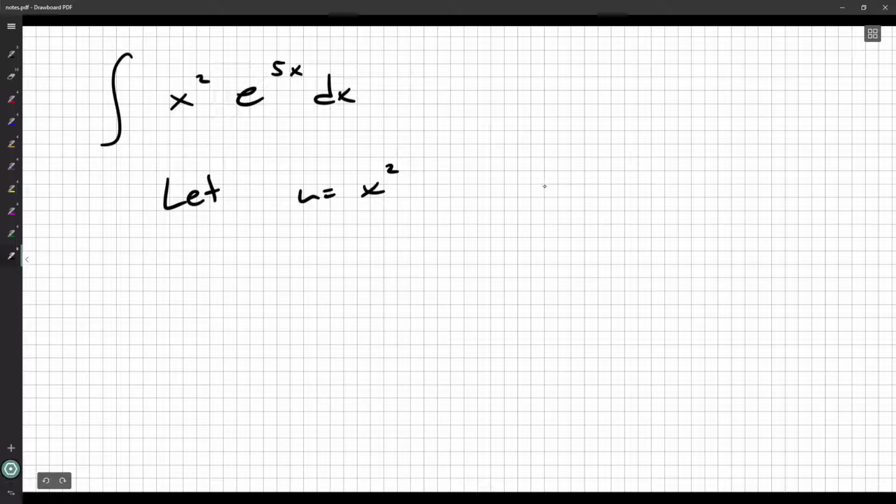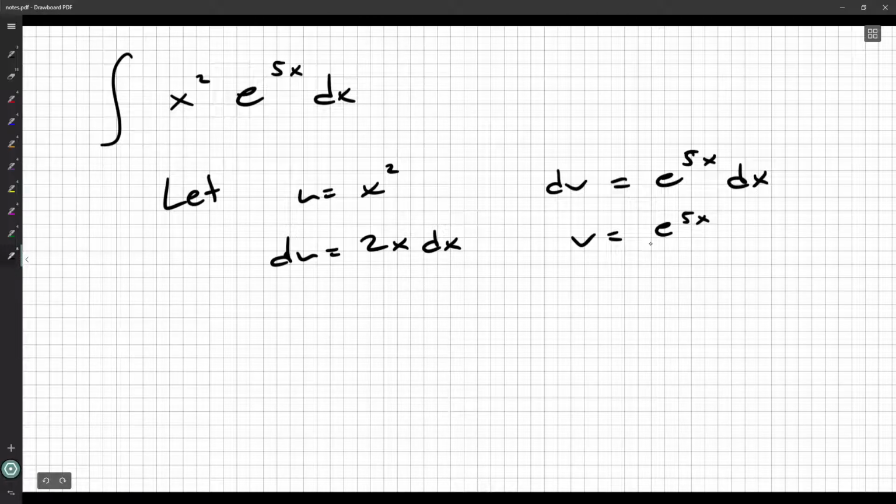I will let u be x squared. Now our du, we get 2x dx, and our v, as we've seen before, is e to the 5x over 5.